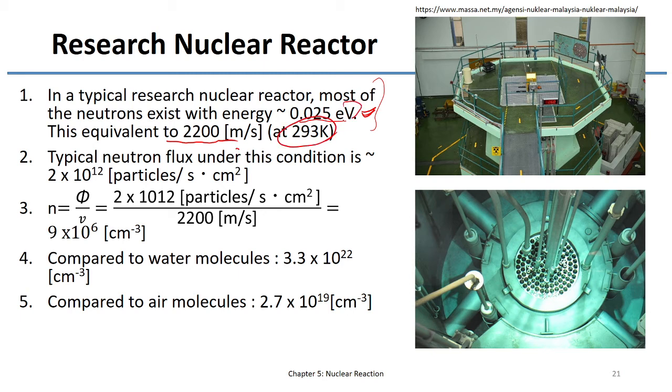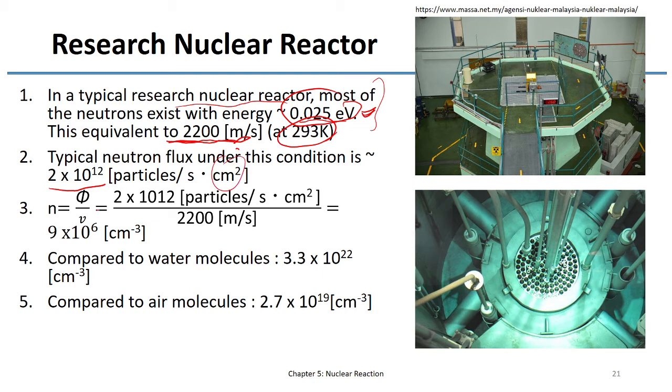At this neutron energy, the equivalent speed is 2,200 meter per second. And it is known that the neutron flux at the research nuclear reactor condition is about 2 × 10^12 particle per second per square centimeter.